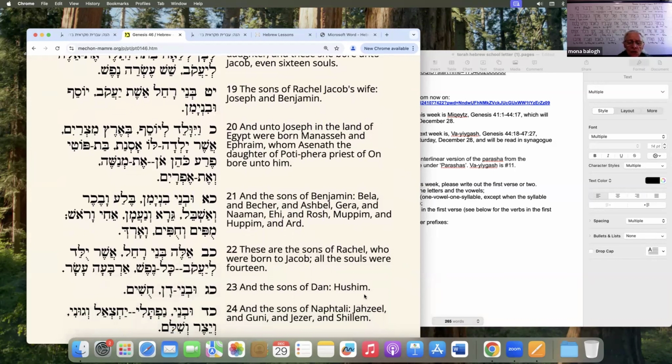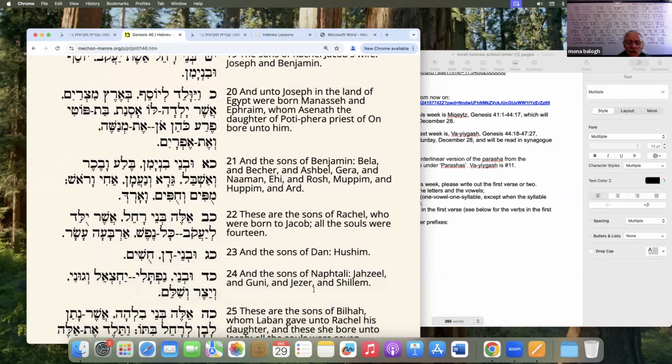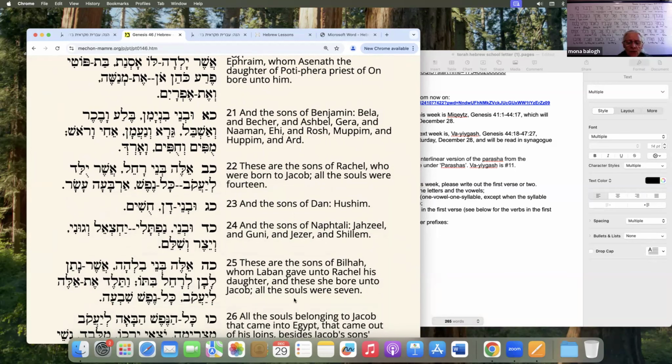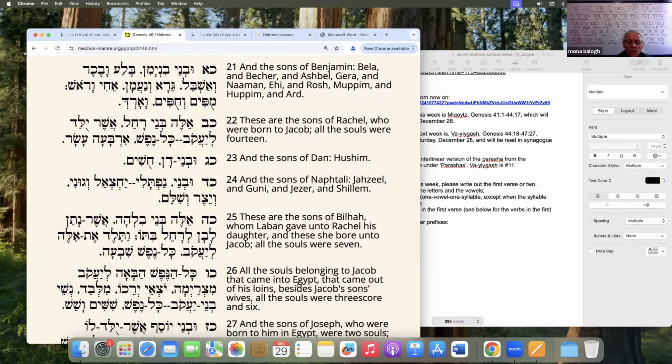The sons of Dan, Hushim. The sons of Naphtali, Jazil, Guni, Jezer, Shilem. These are the sons of Bilhah, whom Laban gave unto Rachel, his daughter, and these she bore to Jacob. All the souls were 7. All the souls belonging to Jacob that came into Egypt, that came out of his loins, besides Jacob's sons' wives, all the souls were 66.